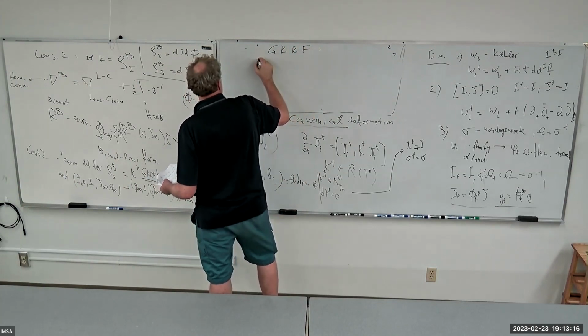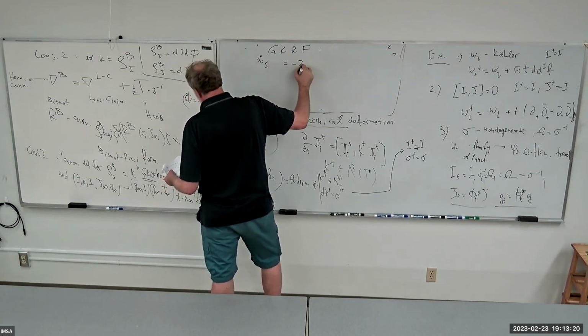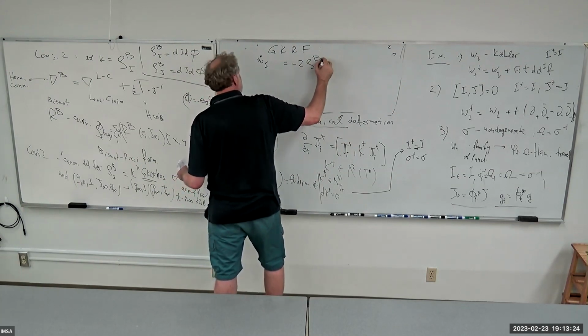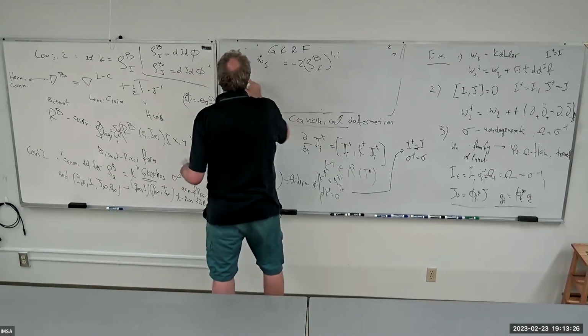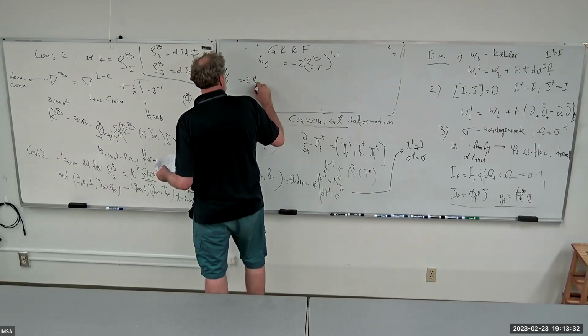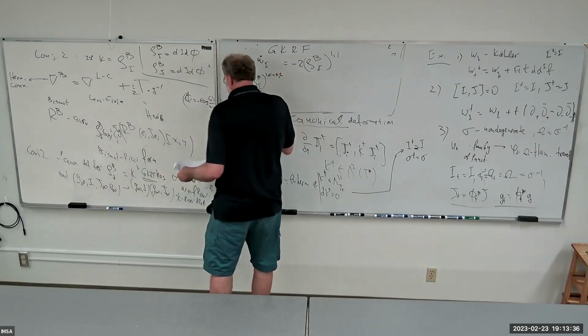So I will write it like this on I, and this is 1,1. And B is, and this is 2,0 plus 0,2.